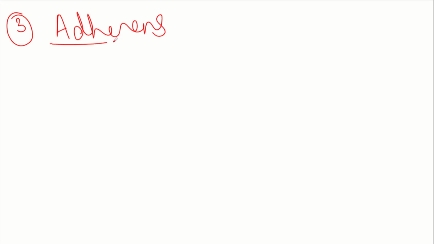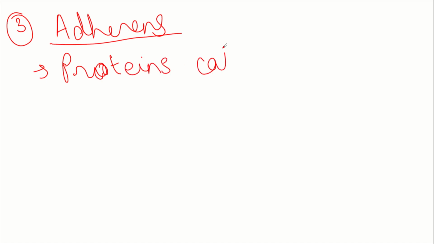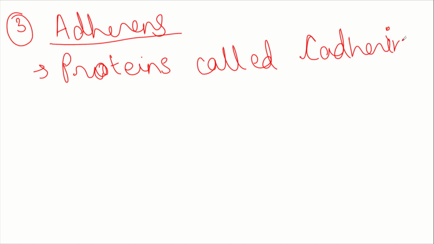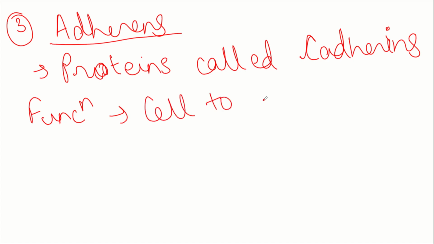Okay, so let's move on to another class of cell junctions, that is adherens junctions. So what are adherens junctions? They are made up of proteins called cadherins. Right. They function as cell to cell attachment.